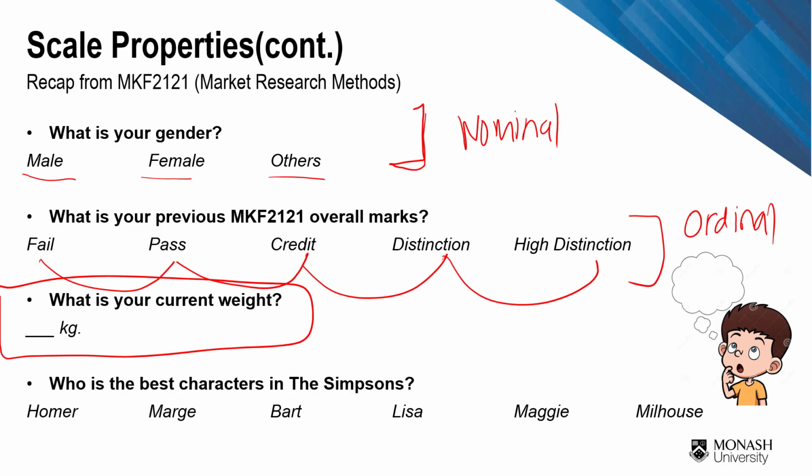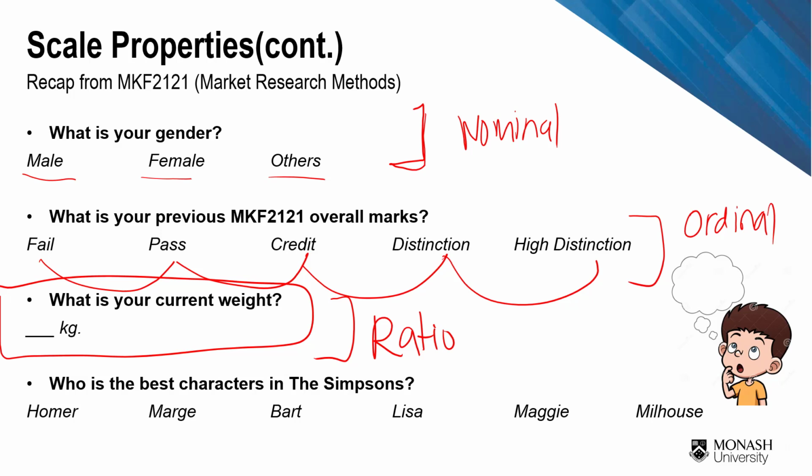Which does not make sense in the real world, but mathematically it's still possible, where 0 kilograms means that you have no kilogram at all. Because of that, this has zero meaning. A zero meaning makes sense, so we are going to say that this is a ratio.